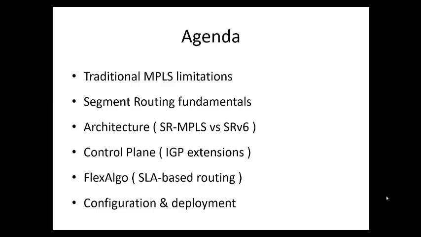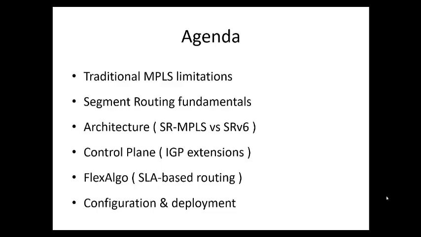MPLS with BGP, you may have policy-based routing or tunnels with RSVP, but they all have some limitations. We are going to discuss that, and then how segment routing solves those limitations and removes those barriers.